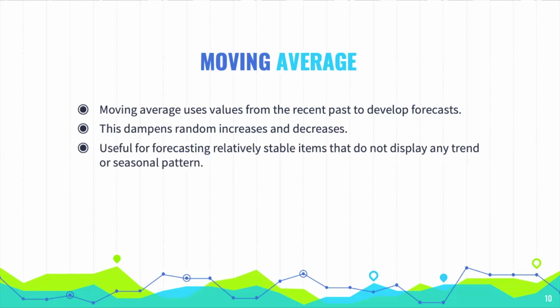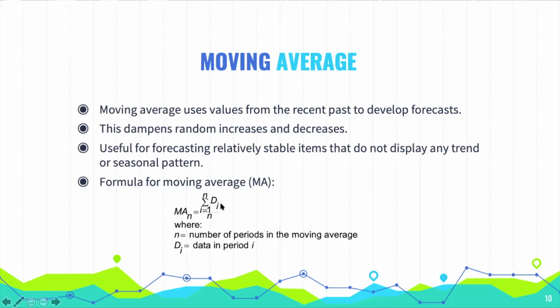This is useful for forecasting relatively stable items that do not display any trend or seasonal pattern. And the formula for moving average is the summation of the demand or the data in the period I, and N is the number of periods in the moving average. We don't have to memorize the formula since I will show you later how to do it in Excel.